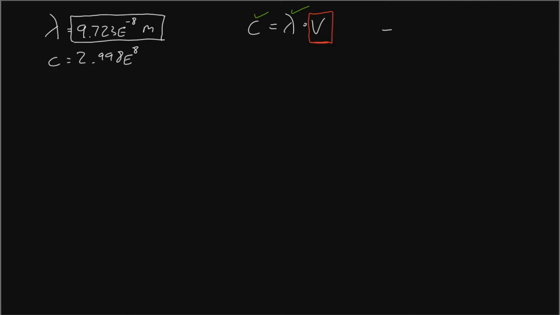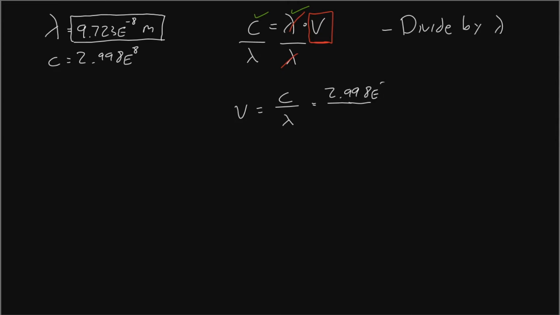If we divide both sides by wavelength, we'll get the frequency by itself. The wavelength on the right side will cancel, and we'll have frequency is equal to c over lambda. However, we know both of these quantities because our c is 2.998 times 10 to the 8th, and wavelength we have from the previous part.